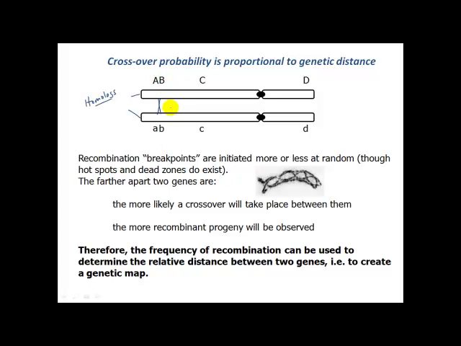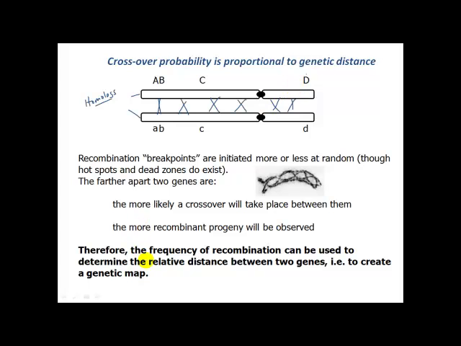So the closer together two gene alleles are on the same chromosome, the less likely it is that we're going to have a recombination event between them, separating those two alleles from one another. The further apart two gene alleles are from one another on the same chromosome, the more likely that we're going to see a recombination event somewhere along the chromosome between those two genes that's going to cause them to be separated from one another.